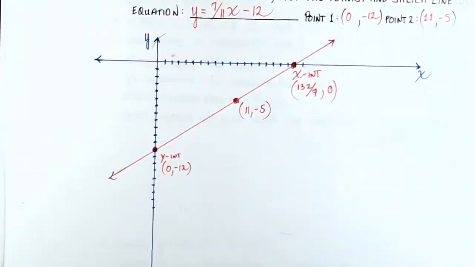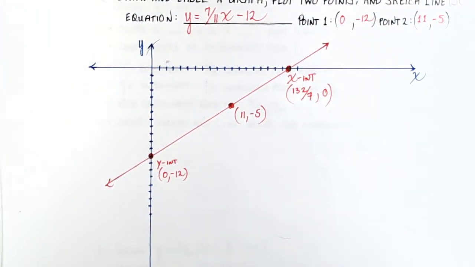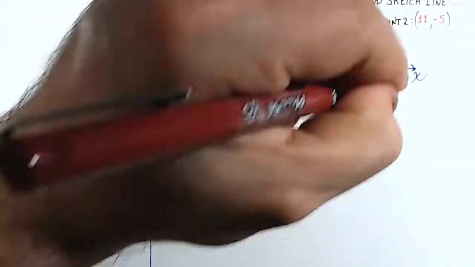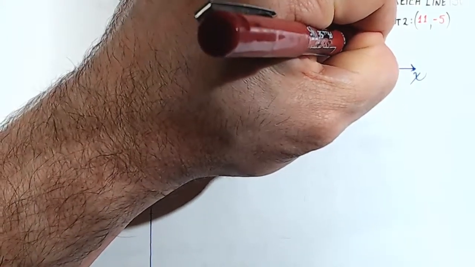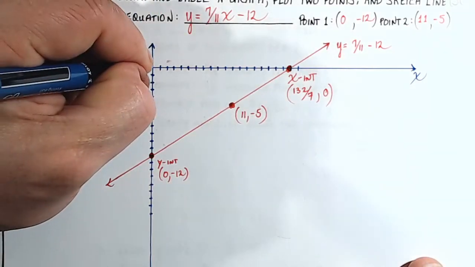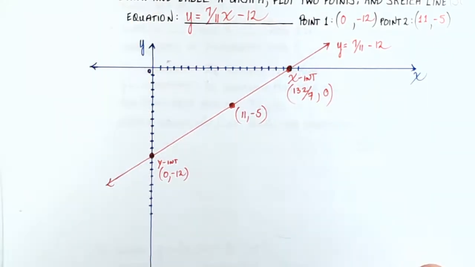All right, so we've done a full turn of the wheel. The only other thing I need to do is write in y equals 7/11x minus 12. We label the line, all right? So we now have everything on the graph. I guess I should write that this is 0 here at the origin. We have everything on this graph.